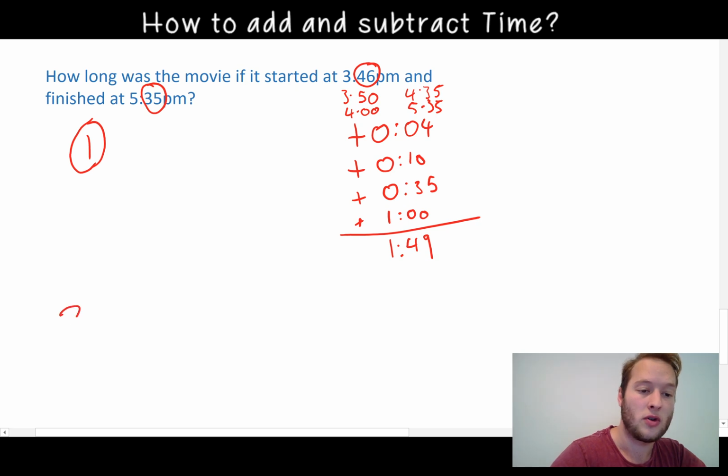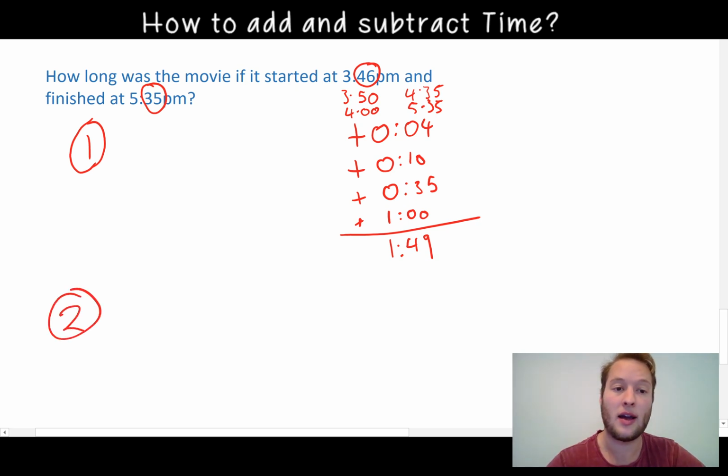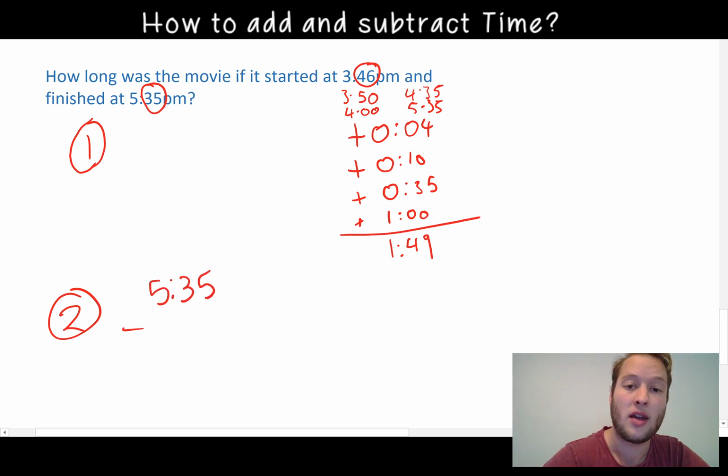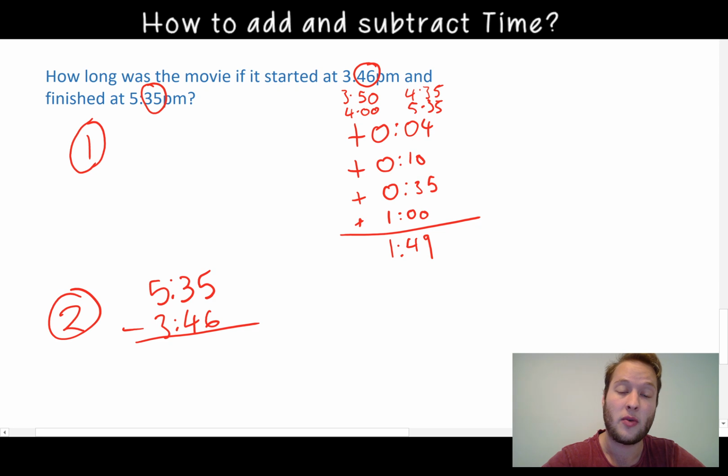Method 2 would be doing our subtraction like this. I'm on 5:35 p.m. and I want to take away 3:46. To do this, first of all, it's really important that we remember that time clocks over every 60.